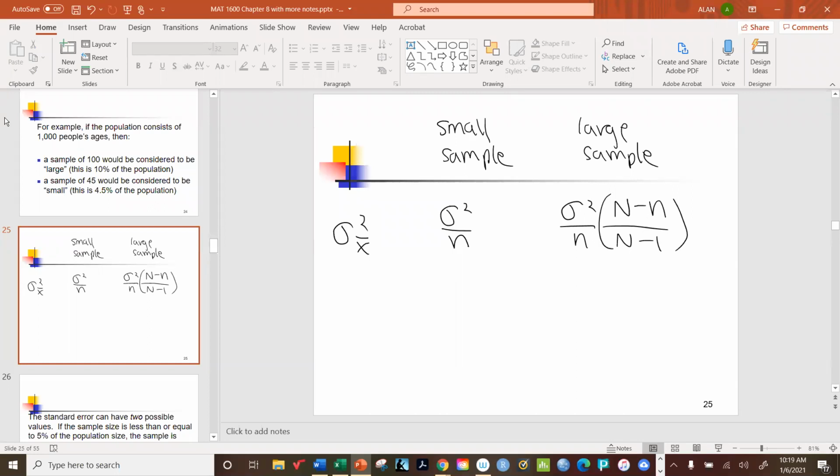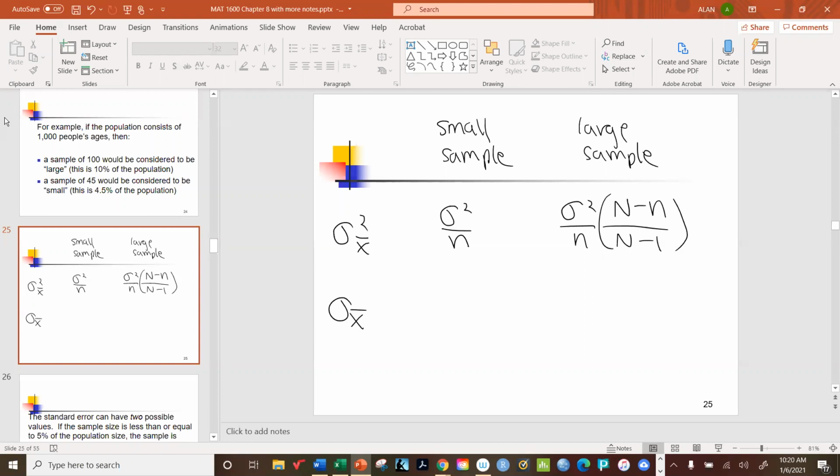If lowercase n is at least 2, then this expression in parentheses is going to be a number which is less than 1. So when we have a large sample, what we're basically saying is that the variation from one sample mean to the next should be smaller than with a small sample. And so we're going to try to adjust for that fact with this extra term here.